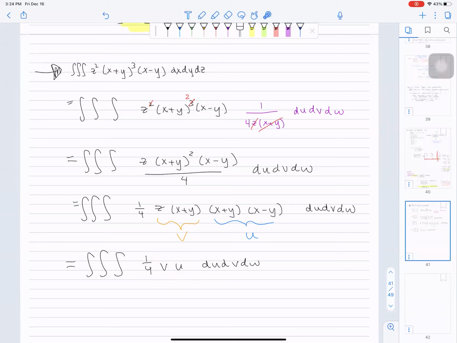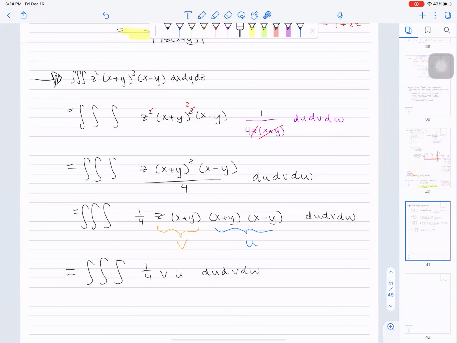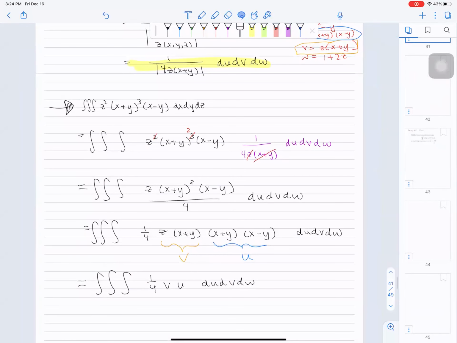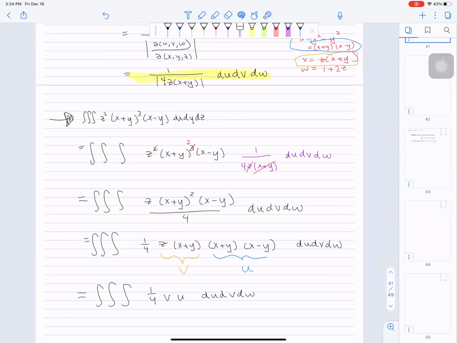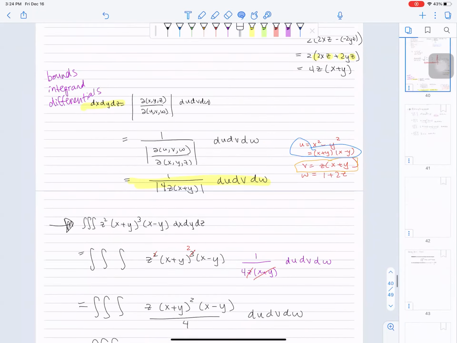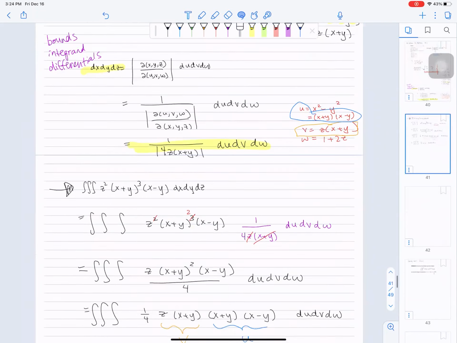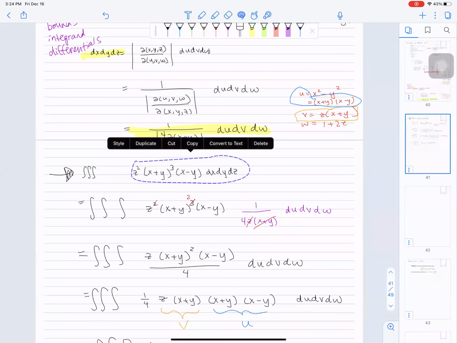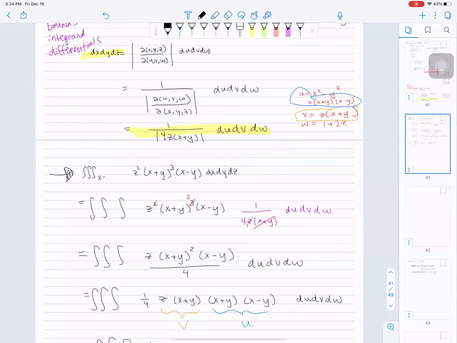So for the bounds, we would have bounds for x, y, and z, and we plug in the values that we have in u, v, and w, and we'd find them this way. Yeah, exactly. For example, if in the original problem you had the first bound for x equal to, I'm making this up, so maybe this doesn't work out nicely.